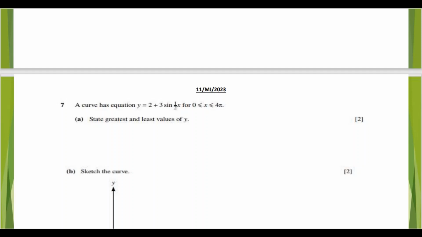Okay. So if you take a sine curve from 0 to pi, the minimum and maximum values are positive 1 and negative 1. If it is 0 to 4 pi also, you will get the minimum and maximum value as +1 and -1.